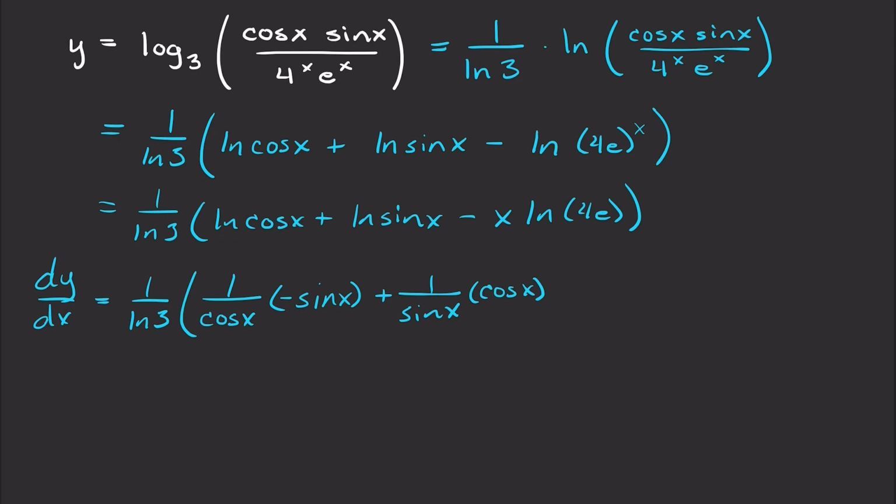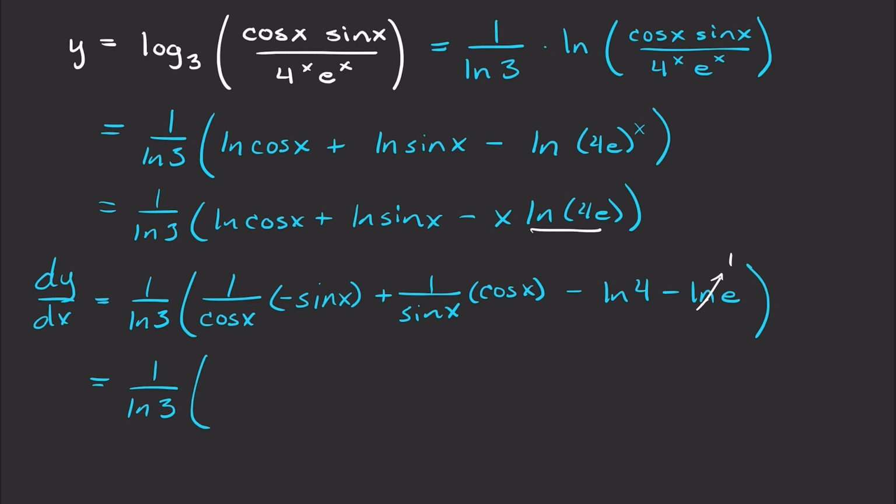And then the natural log of 4e, well, that's just a number, so this looks like a number in front of x, so its derivative is just the natural log of 4e, but I can write it separately, the natural log of 4 plus the natural log of e. And the natural log of e just turns out to be 1. So I can write all of this as 1 over the natural log of 3.